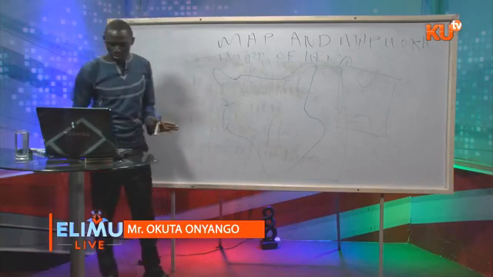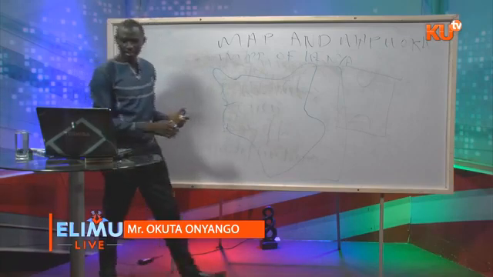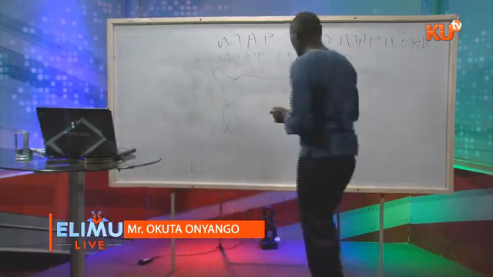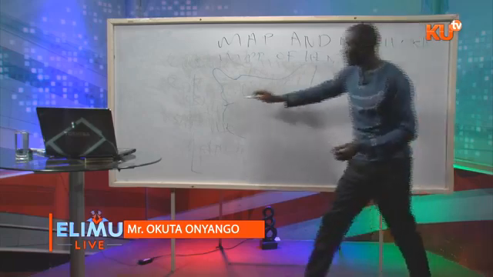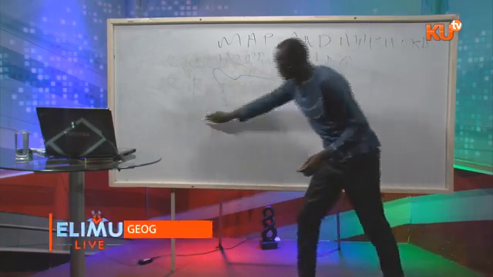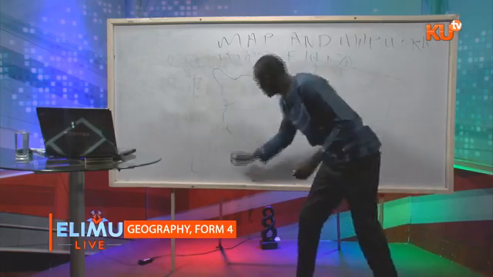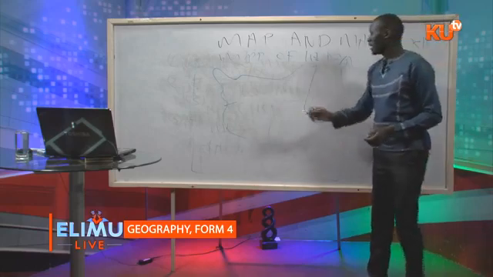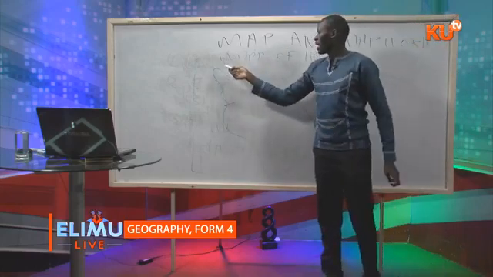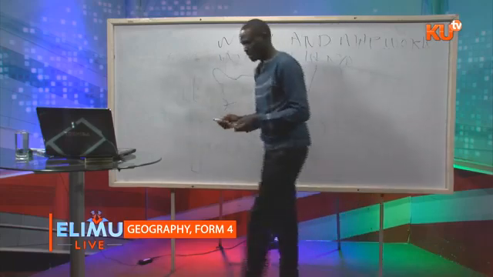Then we also have what we call the latitudes and longitudes, or the grid references, usually found in a map. And you normally see lines crossing like this, the latitudes and the longitudes. And we'll come to that later, whereby we'll know how important are the longitudes and the latitudes.